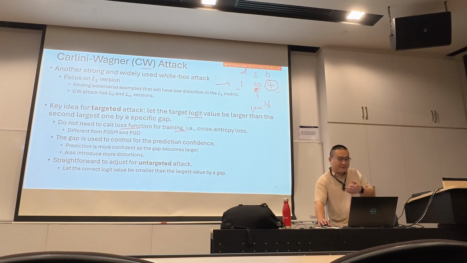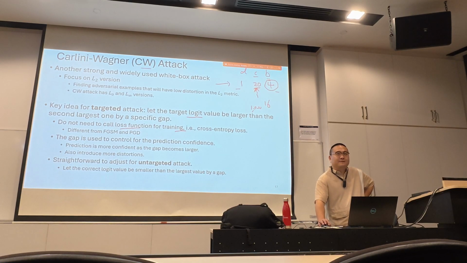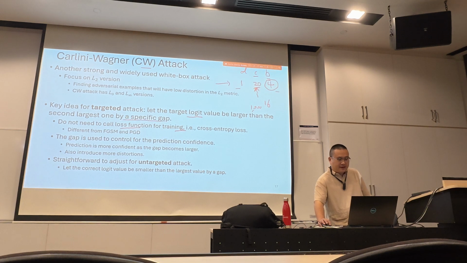If we make the value too large, then this will introduce a lot of distortion. Also in the lab, we will experiment with the gap. When we choose different gaps, this will affect the distortion. Therefore, we need a specific gap to control the difference between the largest output and the second largest output.